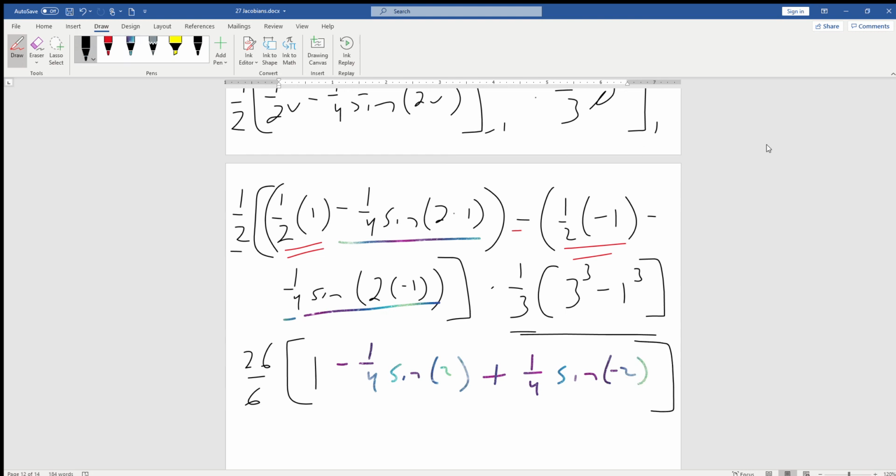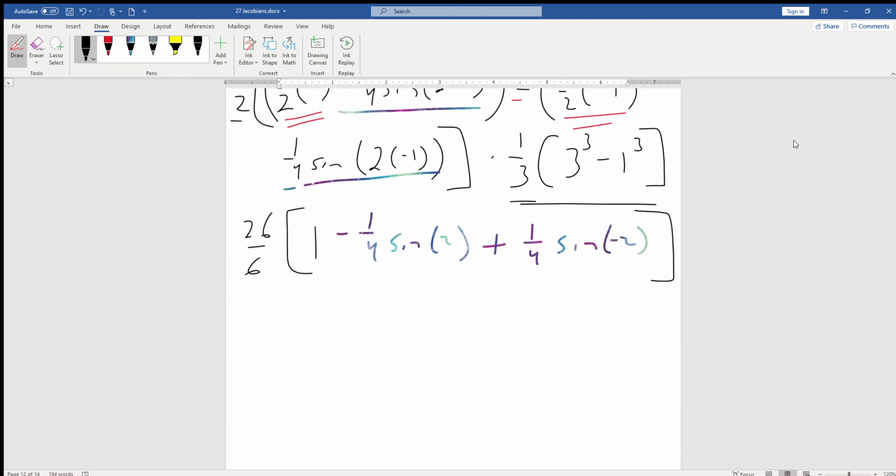We could simplify that even further. Here's a sneaky trick you might remember from trigonometry. We have the 13/3 from the simplification, we have 1, and remember that sine is an odd function, which means we can factor the negative out of the negative 2. The negative comes out front and turns into a negative 1/4.